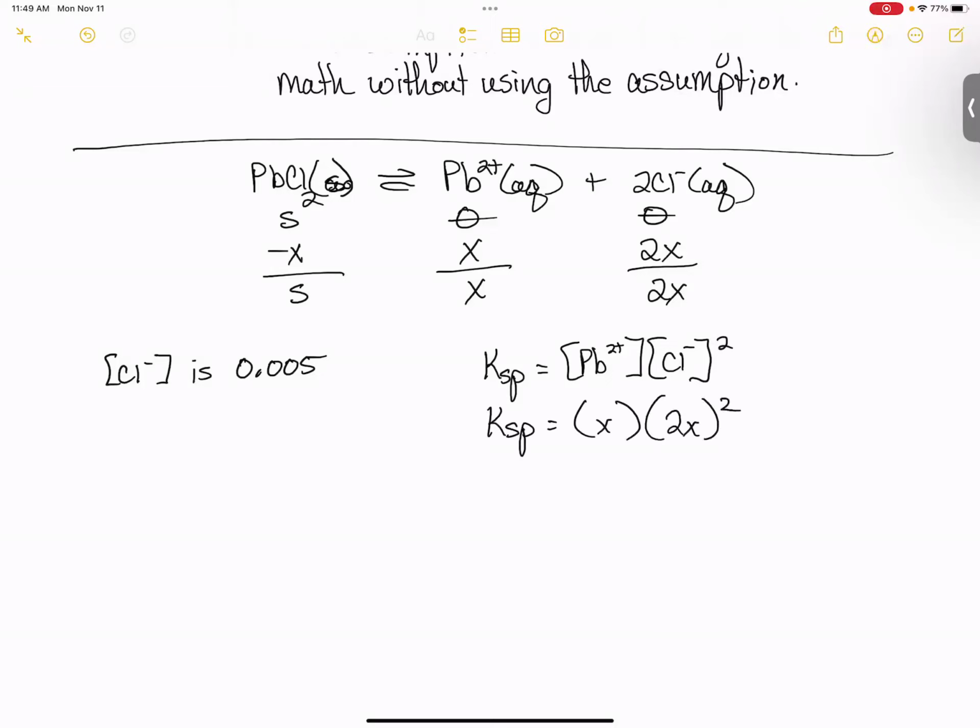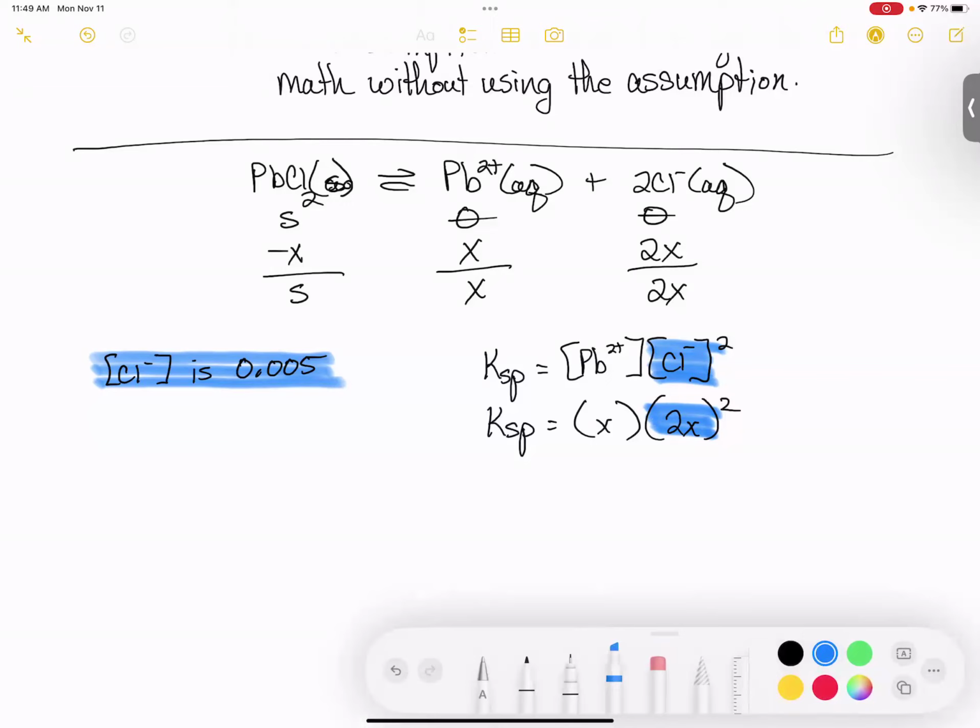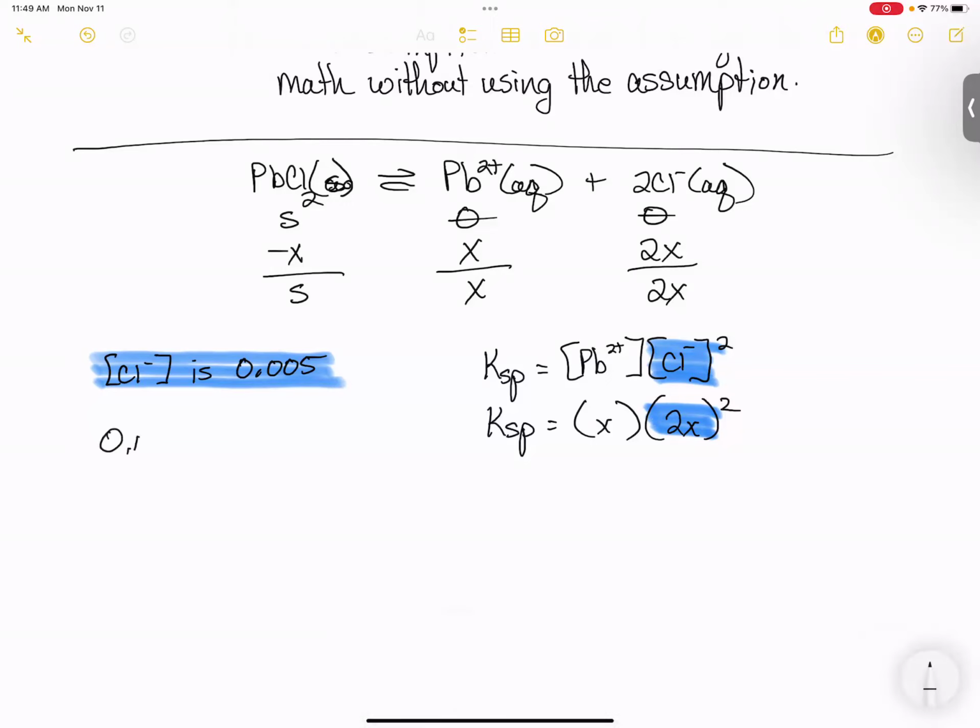Why I bring this up is because of the following fact. It says the chloride concentration is 0.005, and you just said the chloride concentration is 2X. So in other words, 0.005 is equal to 2X. So X in this case would be 0.0025.